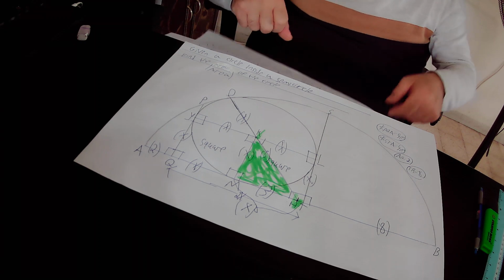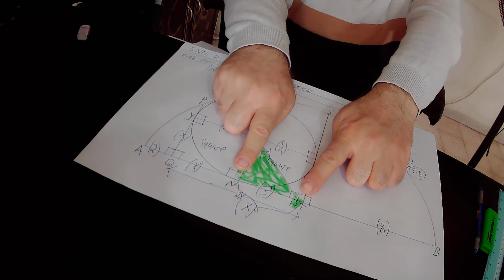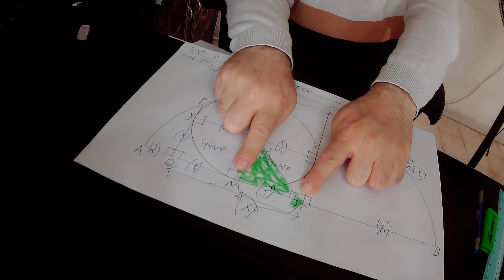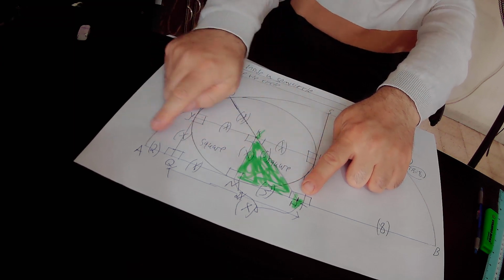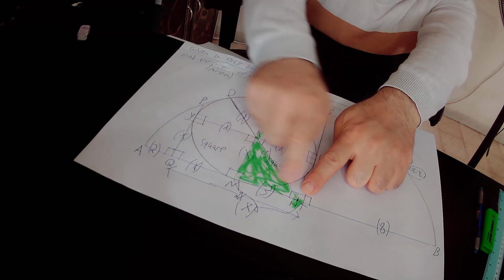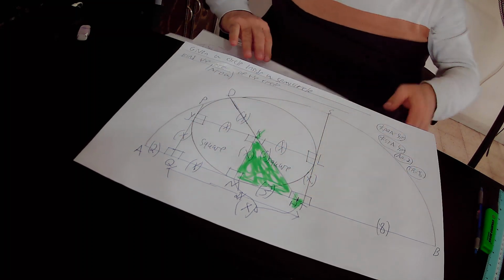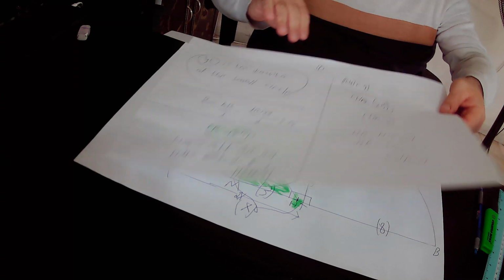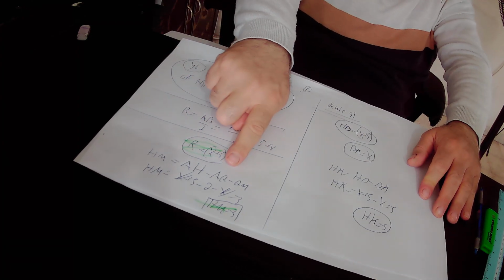What is the length of this missing side MH? From the drawing, it is very easy to see that MH in total equals AH minus AQ minus QM. Repeat again. The missing side HM equals AH minus AQ minus QM.